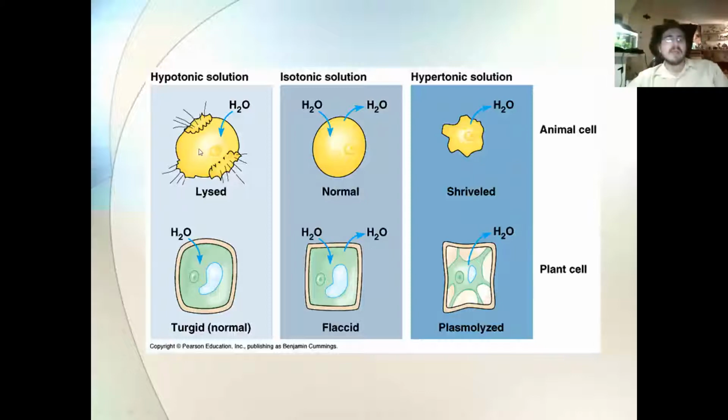And then finally, in the hypotonic solution, the animal cell is filled with water until it swells up so much that it can't swell anymore, and it lyses. Whereas the plant cell swells up with water, and the cell membrane pushes up against the cell wall, and the cell wall holds its shape, and we have a turgid plant cell that resists gravity, and it's normal and healthy.